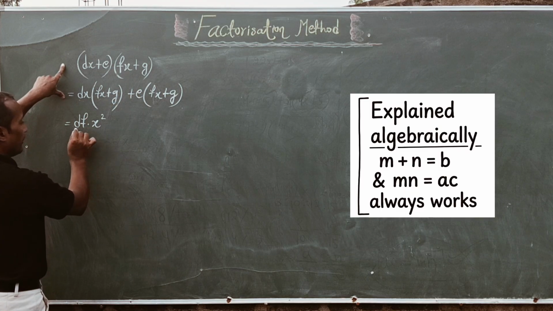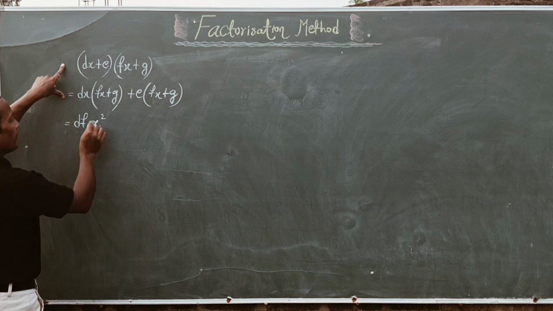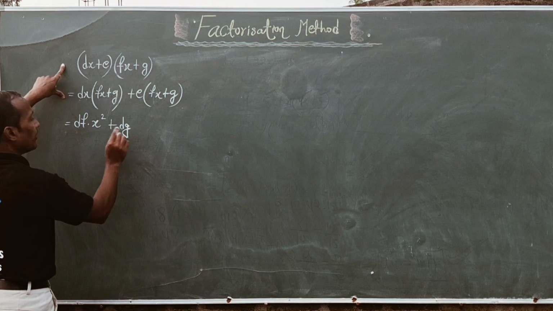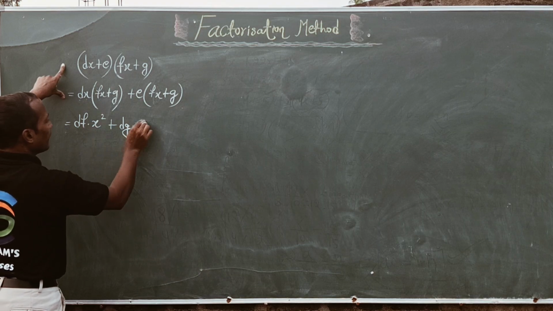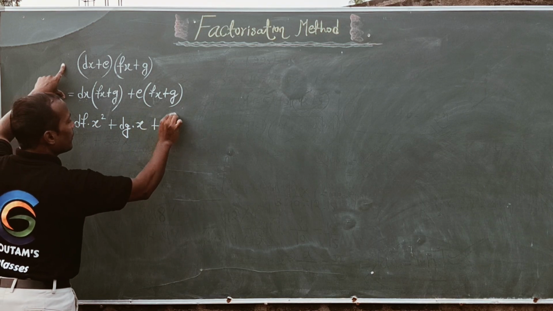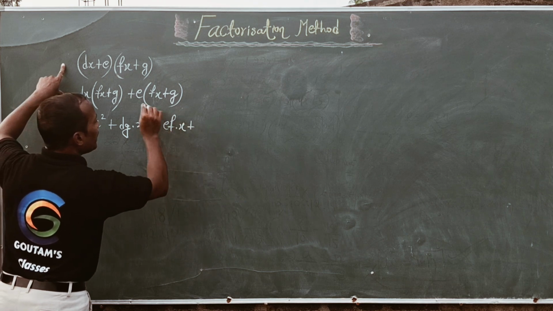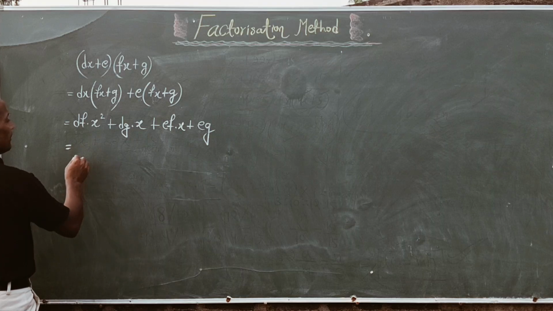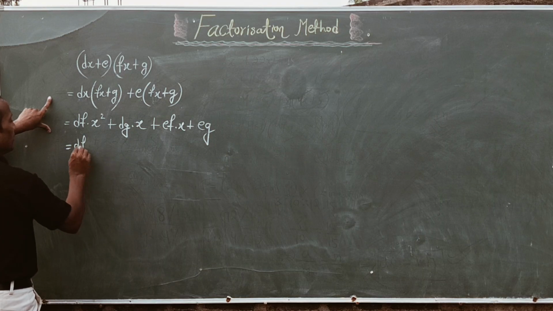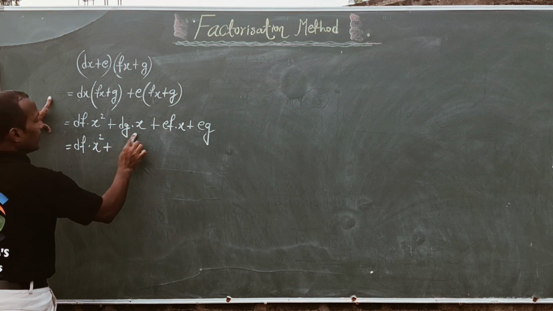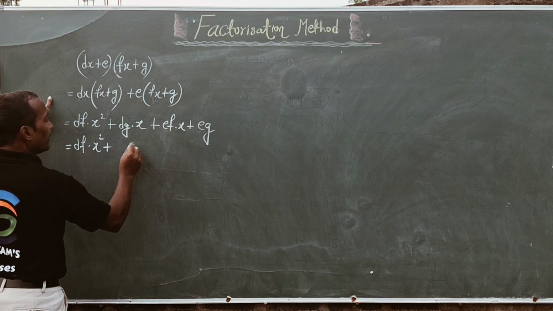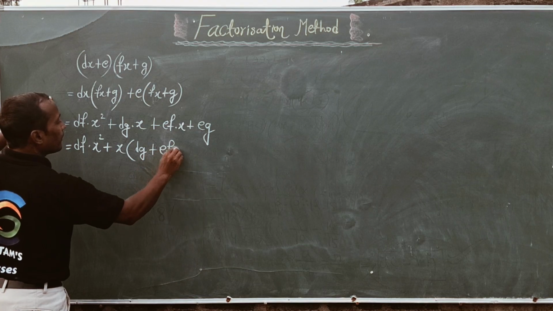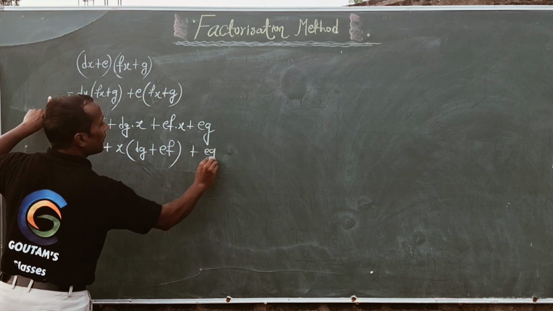D and F are multiplied to give you df. It is any number. Now, x into x is x square. Similarly, d into g, dg, this is a number, into x. Now, e into f, ef, into x, and e into g, which is our constant term, it is a number. So if you now take common from the second two terms, dgx and efx, x is common, and we are left with dg plus ef.